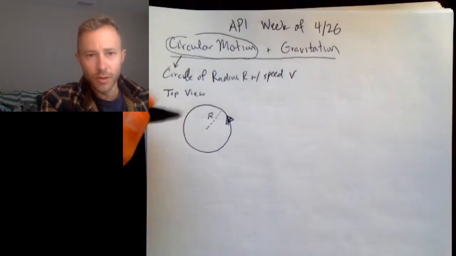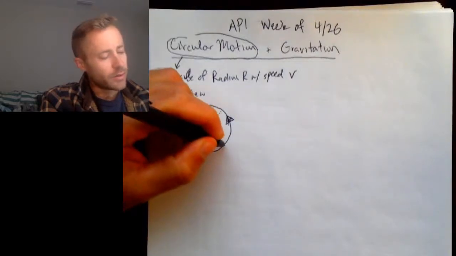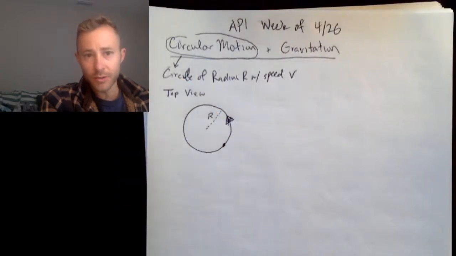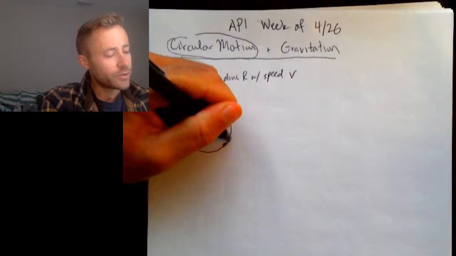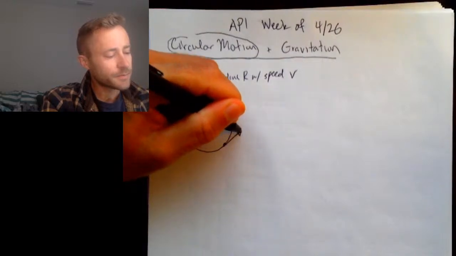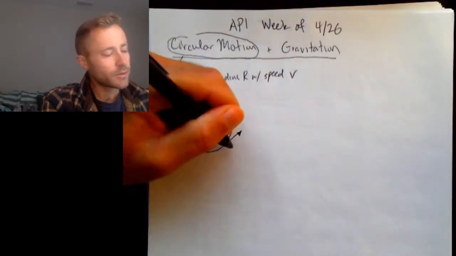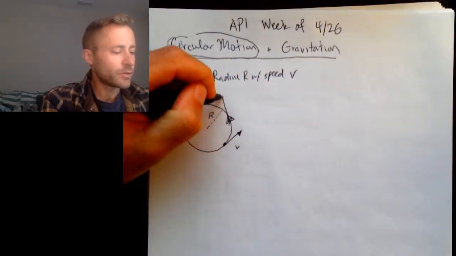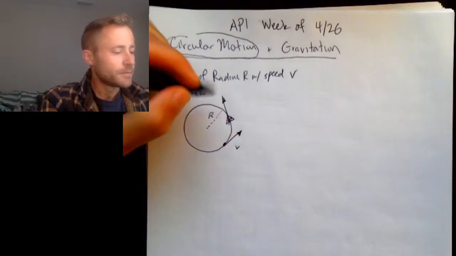And so what we learned is that at any point on the circle, your velocity points tangent to the circle. So the velocity is tangent no matter where you are on the circle.